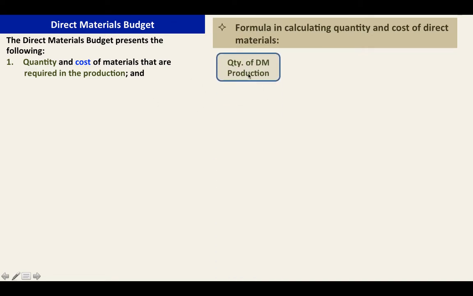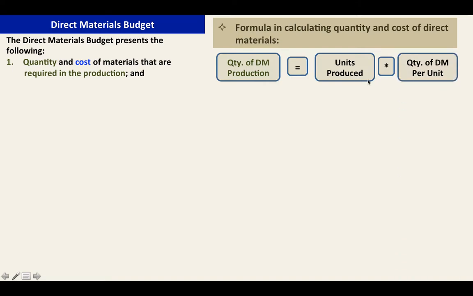We have the quantity of direct materials in the production. DM stands for direct materials. This is the quantity of materials that we need in the production area, and this will be computed as the number of units that we will produce multiplied by the number of required direct materials.